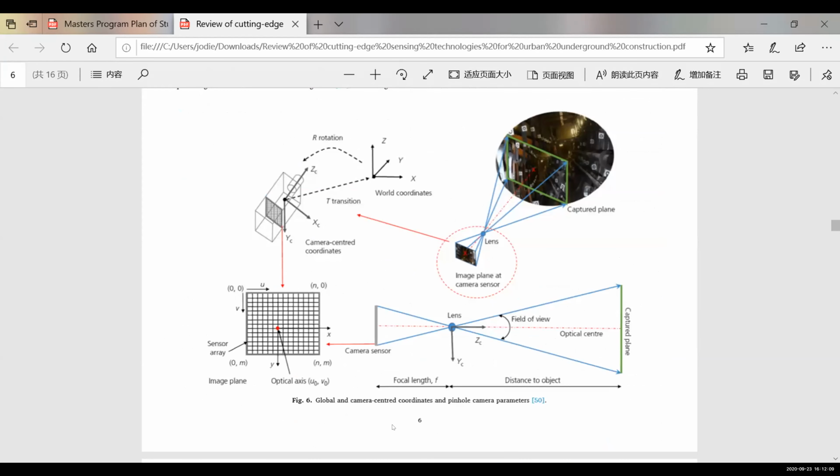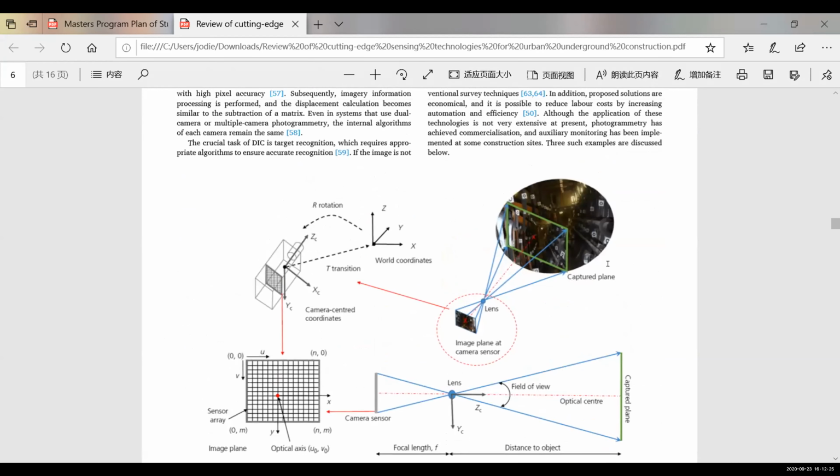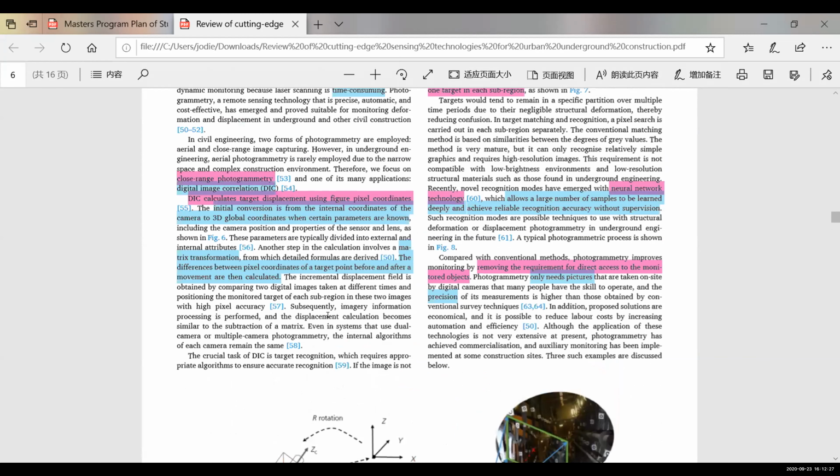And this picture shows the global and camera-centered coordinates. And this is the coordinates inside the camera. And here's the captured plane. And they use a formula to transform these pixel coordinates, and the differences between pixel coordinates of a target point before and after a movement are then calculated.